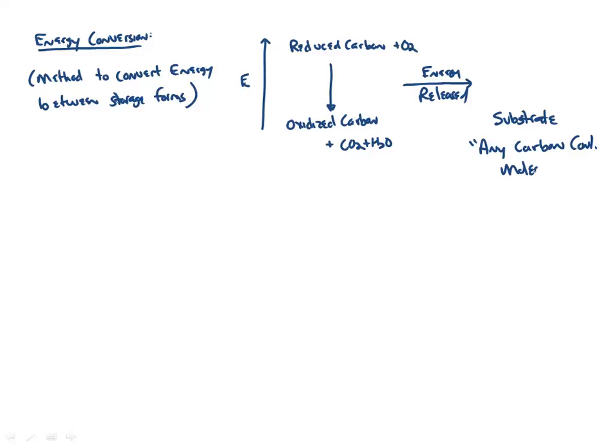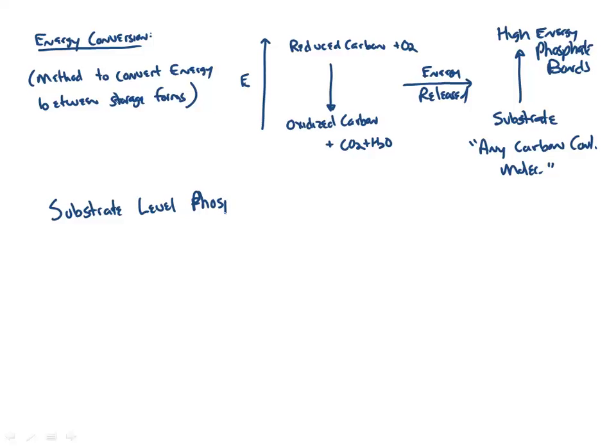But what we'll find is that there's some that are used more than others. And we make high energy phosphate bonds. So this is one method. It's called substrate level phosphorylation.